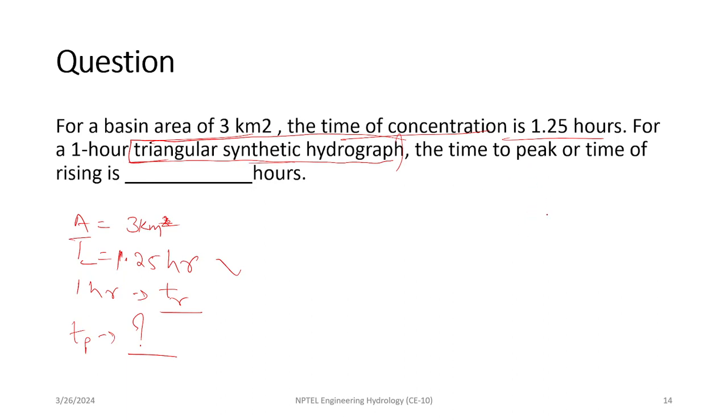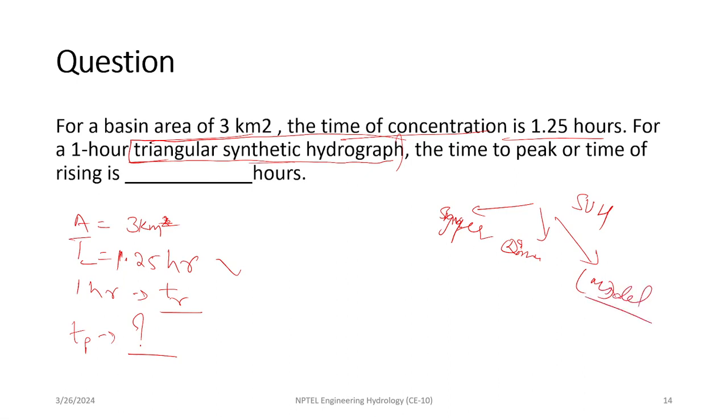So just before I mentioned that there are three major pathways through which I can achieve synthetic unit hydrograph. First one was what? Snyder method. Then second one was dimensionless method, and third one was based on models.